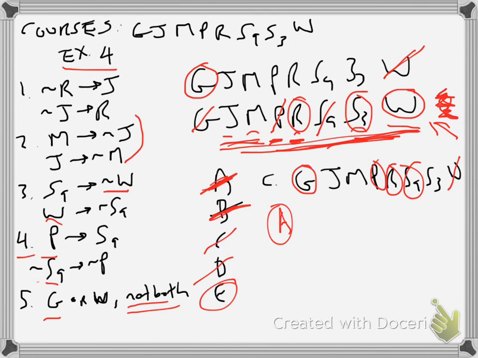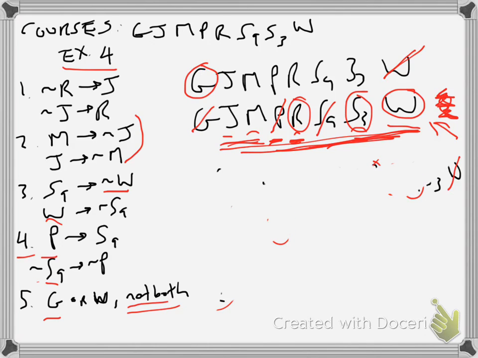On we go. Second to last question. If Alicia takes statistics at 3 and geography, then which of the following must she also take? So, let's clear up some space because I have been making a giant mess here. Remember, on test day, you're going to have tons of room.